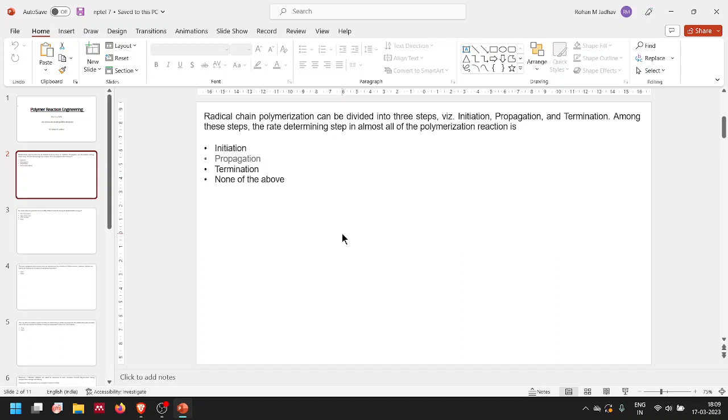propagation, and termination. Among these steps, the rate determining step in almost all of the polymerization reactions is... we have initiation, propagation, and termination. So in radical chain polymerization, you know that the propagation reaction is very detrimental to the entire polymerization process. That is because a large number of monomer units are converted to high molecular weight polymer in this stage.